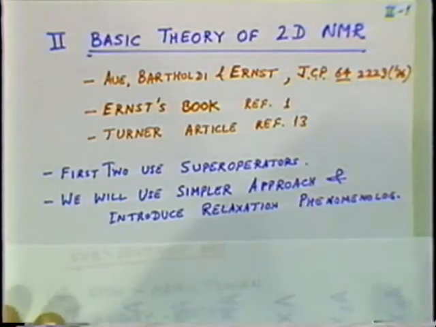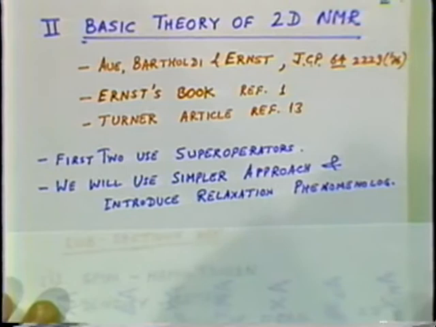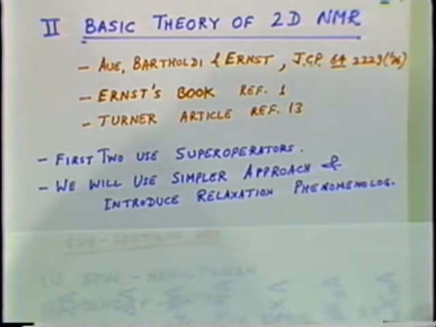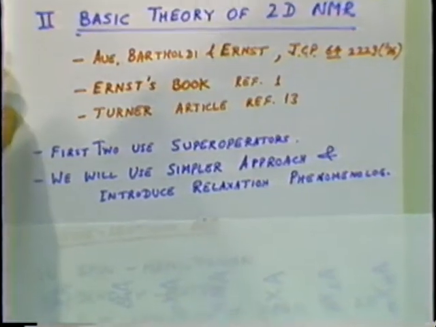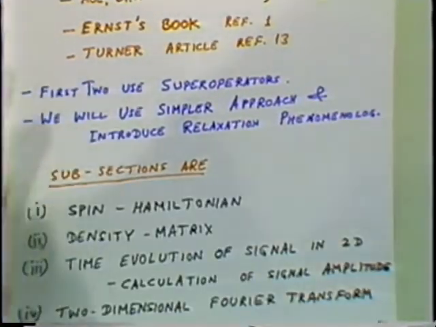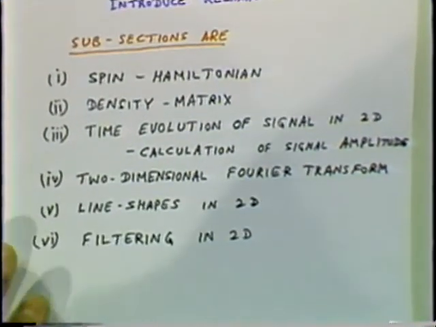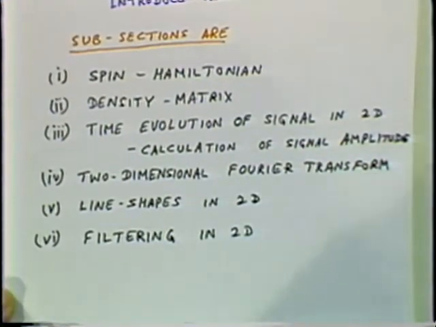We will not do that. The main motivation for using super operator notation is to describe relaxation properly. We will introduce relaxation phenomenologically, and so we can use a simpler approach, and that's what we are going to do. We are going to divide this lecture into several subsections.